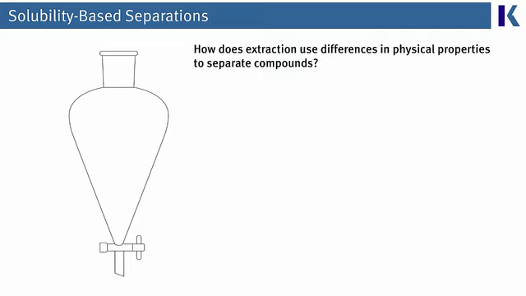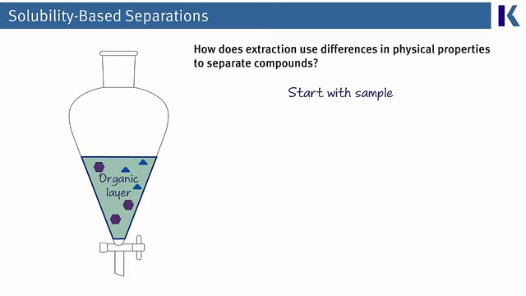In this procedure, using a separatory funnel, you start with the sample, dissolved in one phase. Generally, this will be the organic layer since we are mostly concerned with organic molecules, but you should check what the sample is dissolved in to make sure. Then you add the opposite phase, which generally is going to be the aqueous layer.